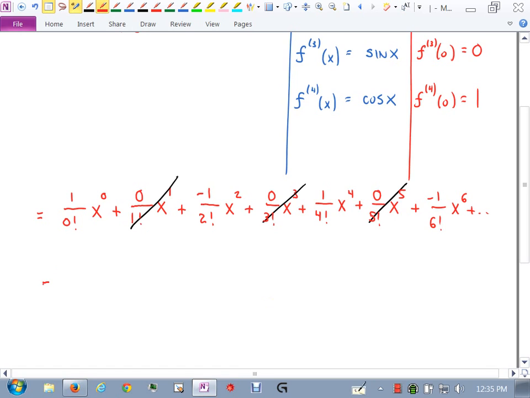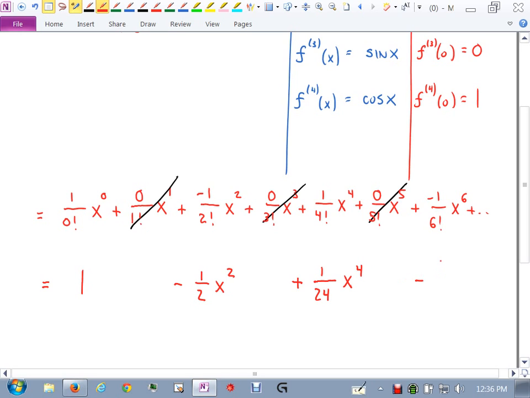And now what I'd like to do is see if we can rewrite this in a cleaner manner. That first term is 1, minus 1/2 x squared, plus, what's 4 factorial? 24, so x to the fourth over 24, and then what?